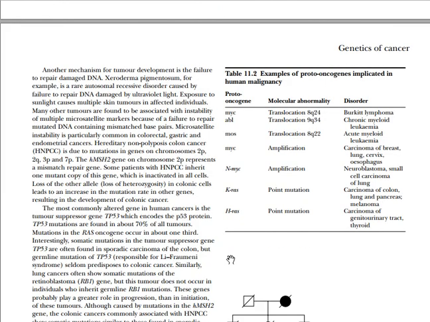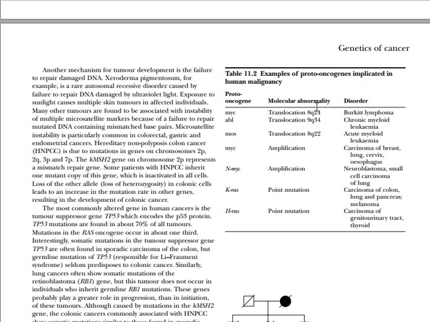So now these are examples of proto-oncogenes. Genes that can give a cell the ability to proliferate excessively are called proto-oncogenes. Is it clear? You have molecular abnormalities here and you have disorders. If you have a proto-oncogene like MYC, the molecular abnormality is a translocation of 8q24.